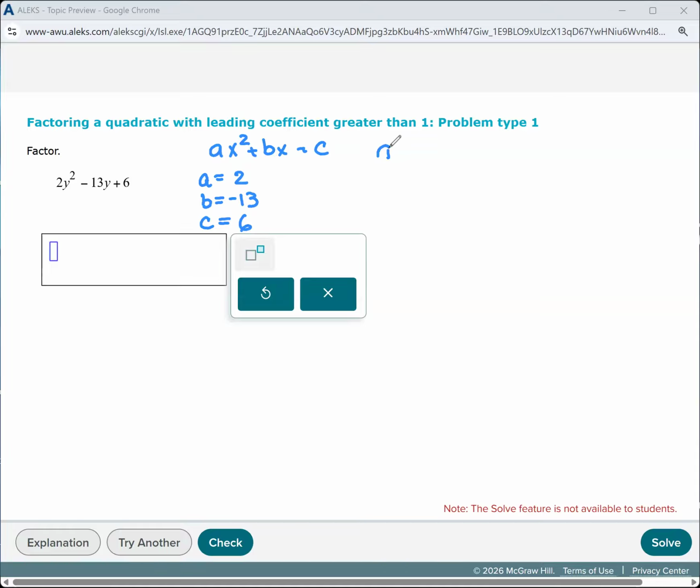All right, so in the first case, I'm going to take A times C, and that equals 2 times 6, which is going to be +12, right?